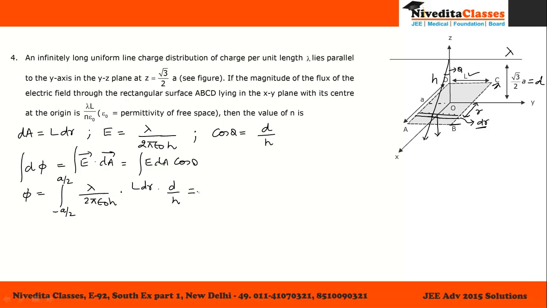Now taking the constants out: lambda is constant, d is constant, L is constant, and in the denominator 2 pi epsilon naught is constant. Inside the integral from minus a by 2 to a by 2 we have dr divided by h squared, and using Pythagoras, h squared is equal to r squared plus d squared.